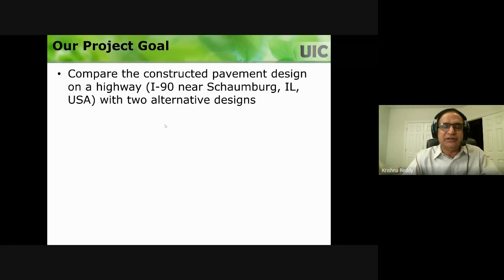They constructed pavement using this recycled aggregate. And we have the construction details of the project. And then we are assessing whether that is sustainable compared to these other two potential alternatives that could have been possible.